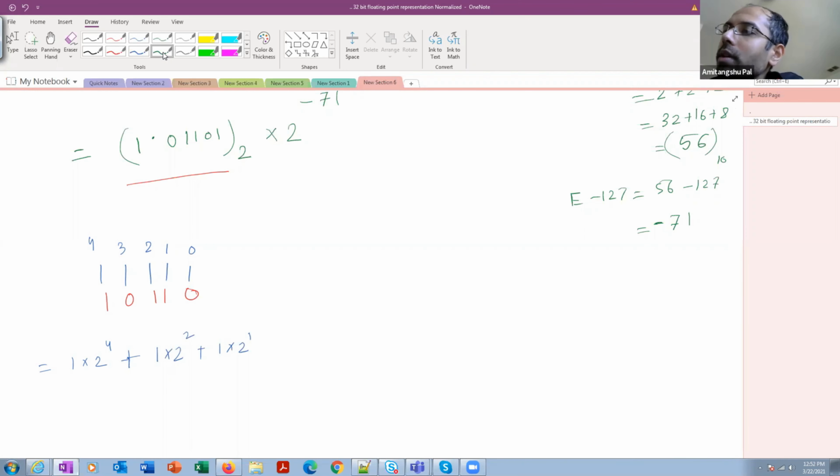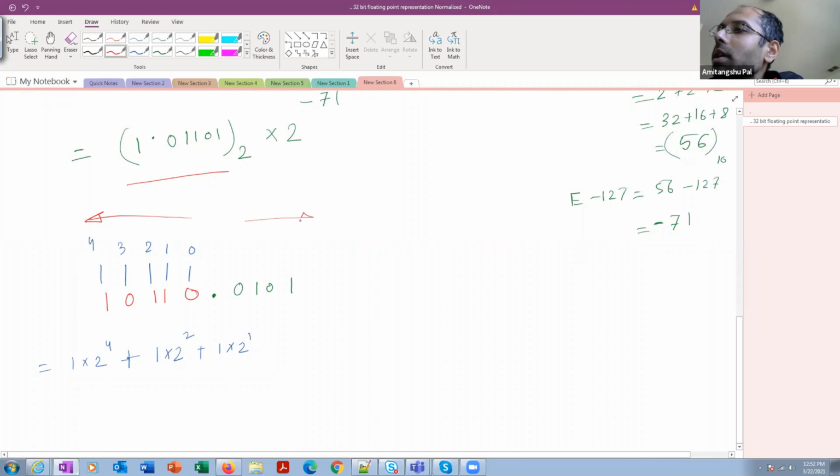Now suppose in addition to this integer part, I'm writing point something, 0101, something like that. So how can I convert this portion to its corresponding decimal notation? Here is the technique. On this side, we number from 0 onwards.